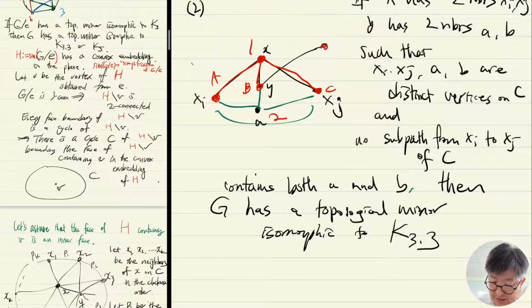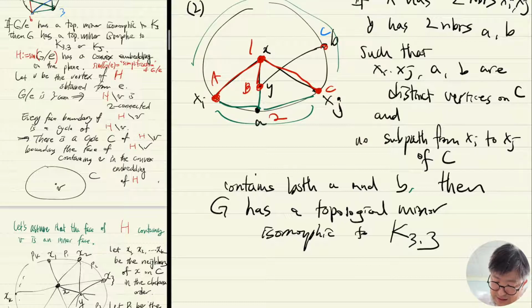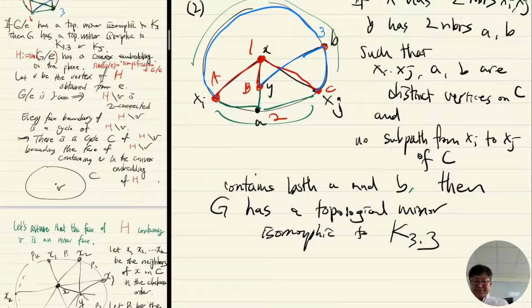Oops, I should call it 3. 3 is adjacent to A, B, C. So you have a K33. That's a contradiction.